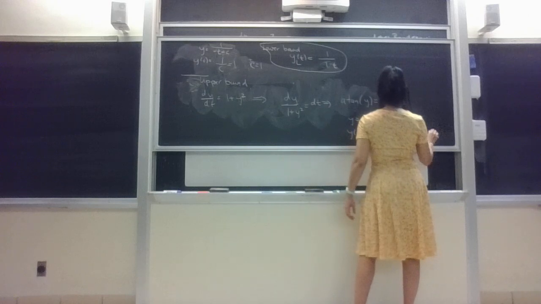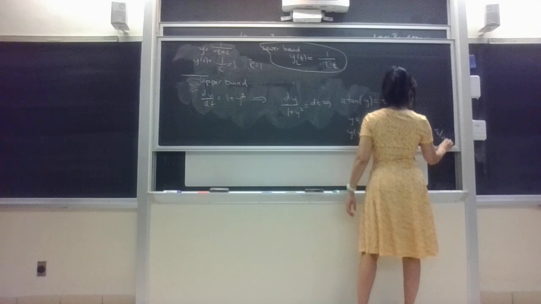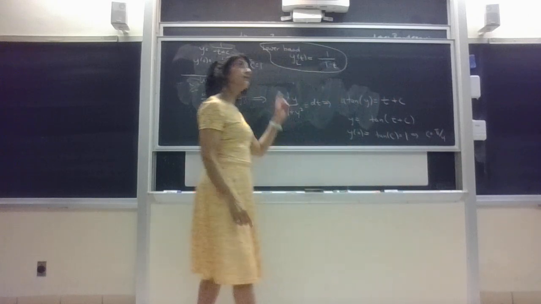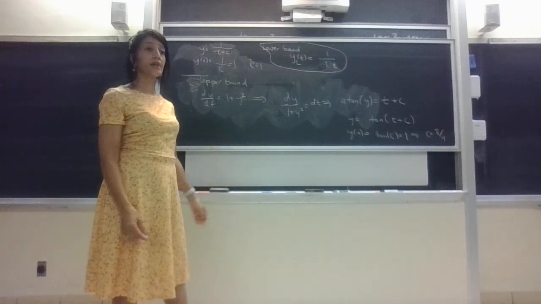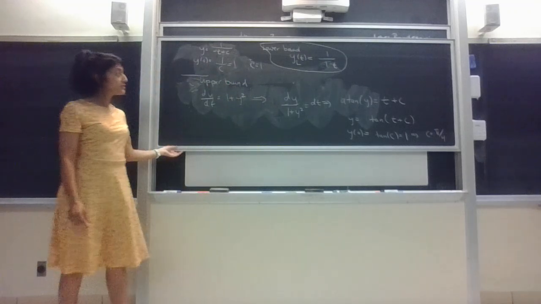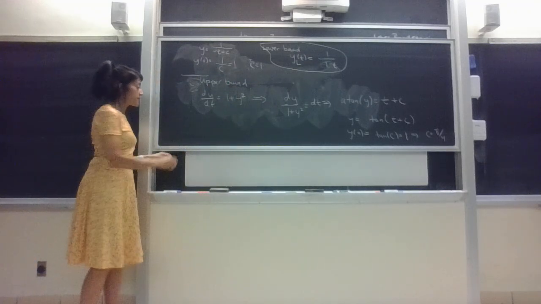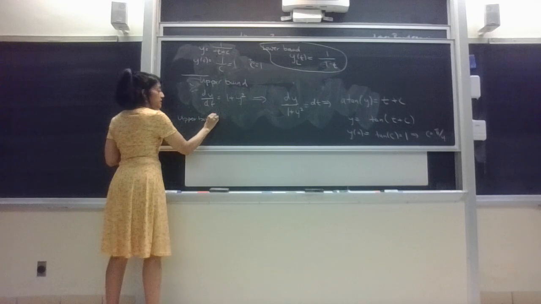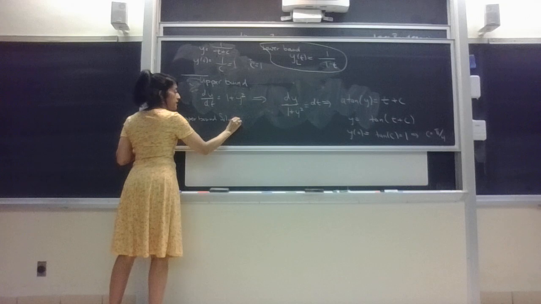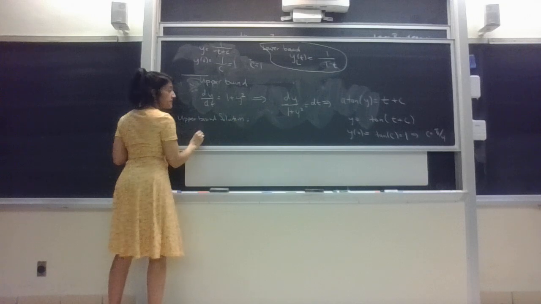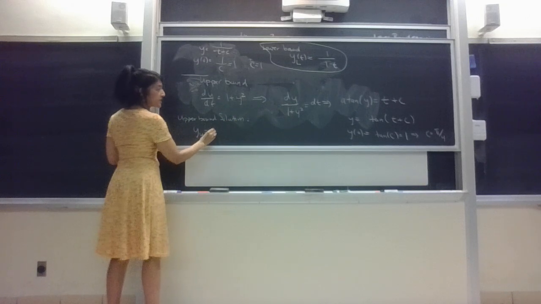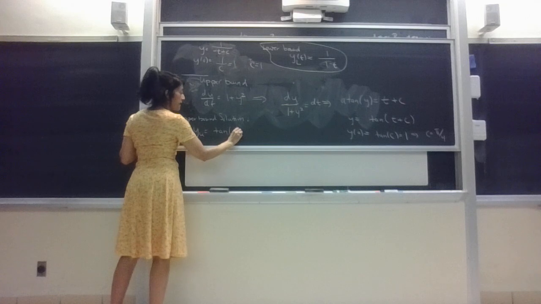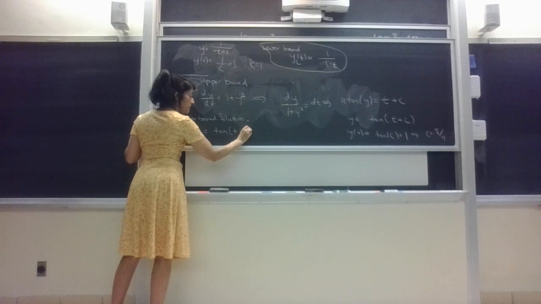So that means that c is equal to pi over 4, because sine and cosine are the same thing. And so your upper bound solution is going to be y upper is equal to tangent of t plus pi over 4.